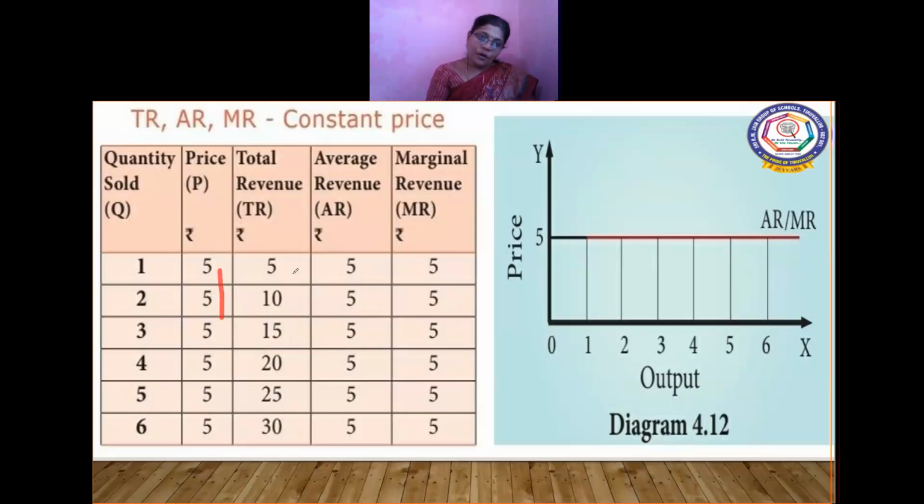Total revenue you know how to calculate and average revenue also you know how to calculate. Now marginal revenue is here 10 minus 5, 5; 15 minus 10, 5; 20 minus 15, 5. Therefore average revenue and marginal revenue both are equal.